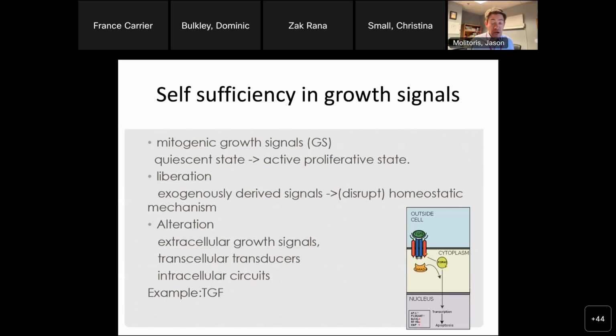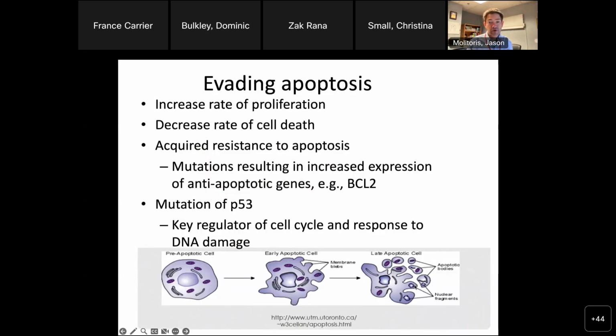So that's one example, but again, being able to resist external stimuli is one aspect of this. So we can move on.